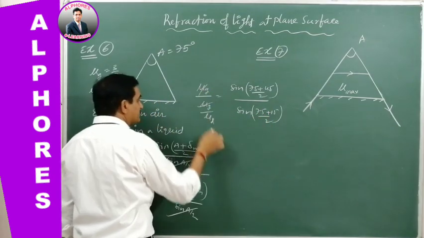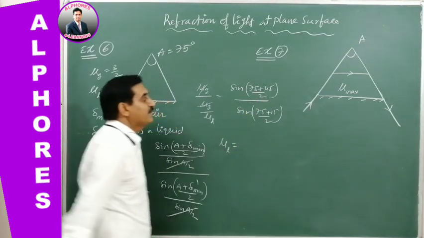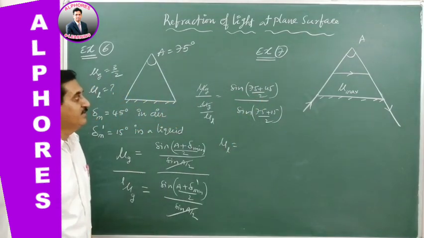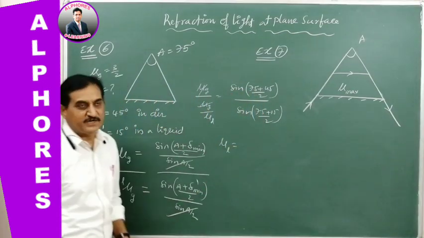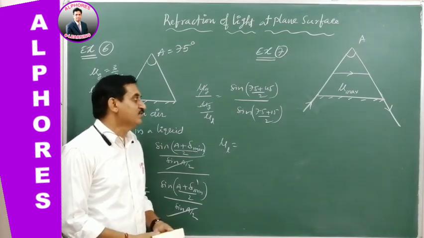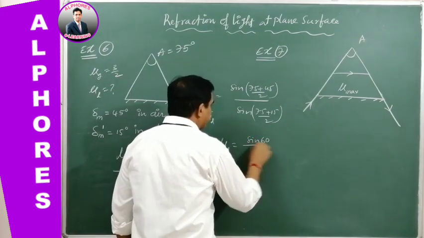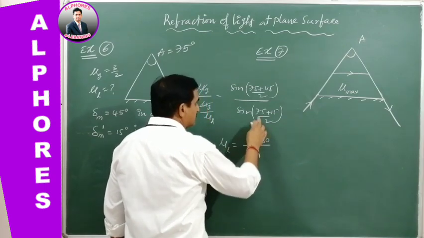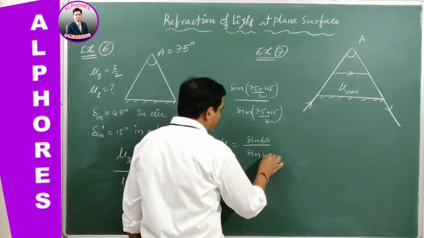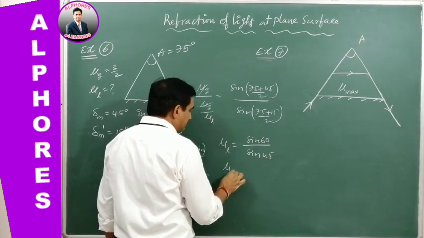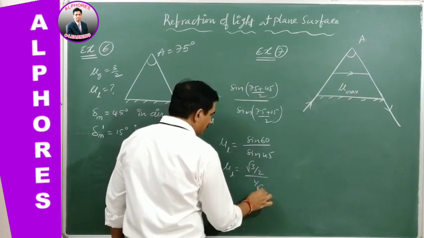Here A is 75, delta minimum is 45 in air, and when submerged in liquid it is 15. By simplifying this, mu liquid is equal to how much? 75 plus 45 is 120, by 2, so you get sin 60, by sin of 90 by 2, which is sin 45. Therefore mu liquid is equal to root 3 by 2 by 1 by root 2.